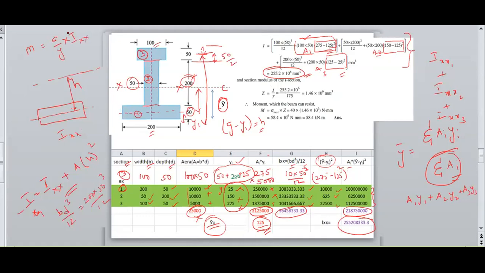The stress in the beam is a given value, and Y we have found, 175 mm is the Y value. I need to take the maximum value of Y in this column, either a positive Y or a negative value.